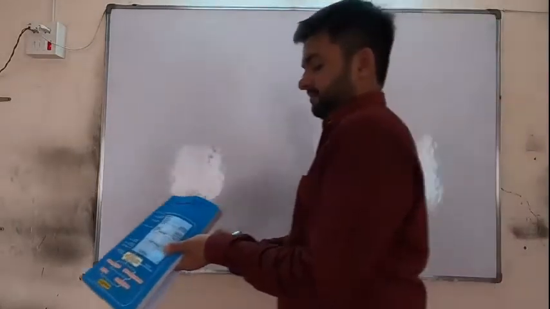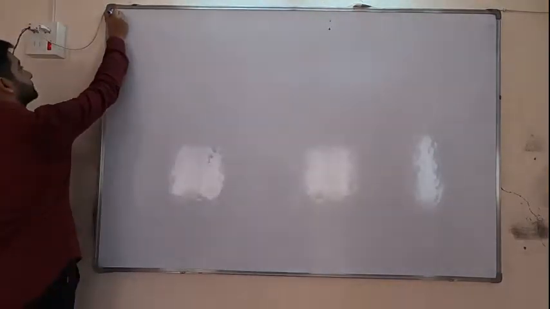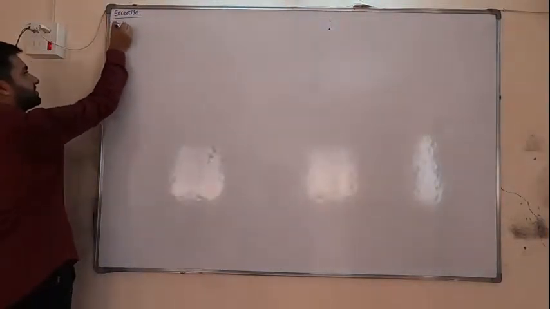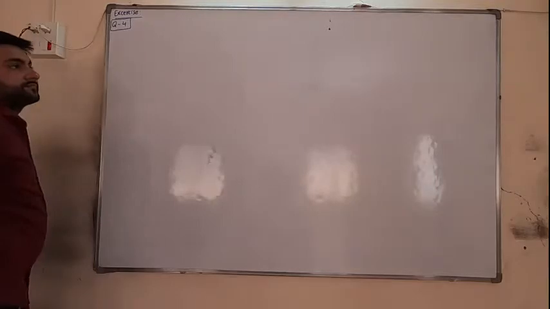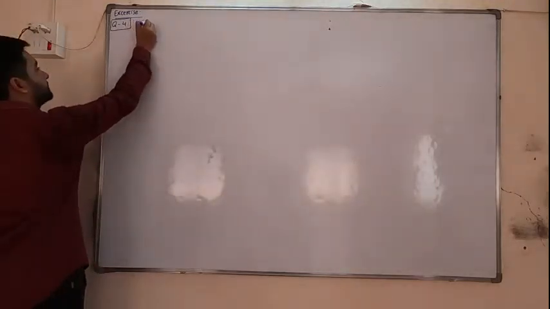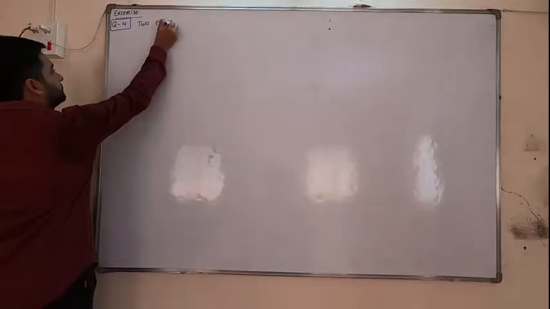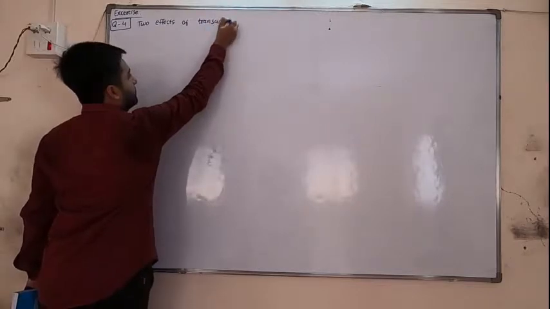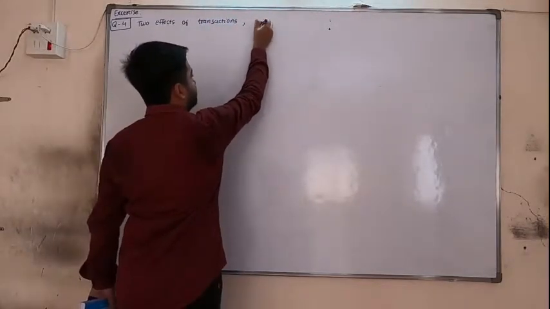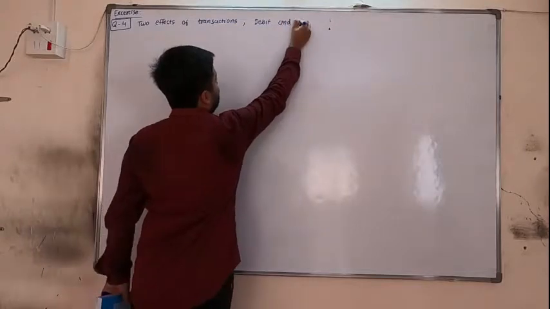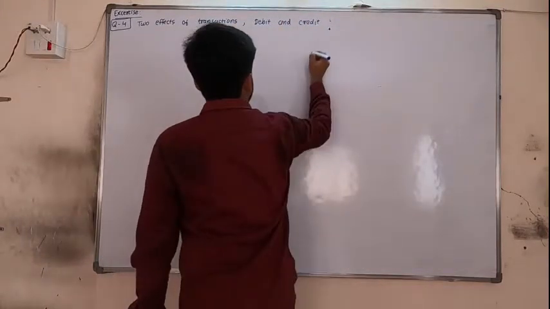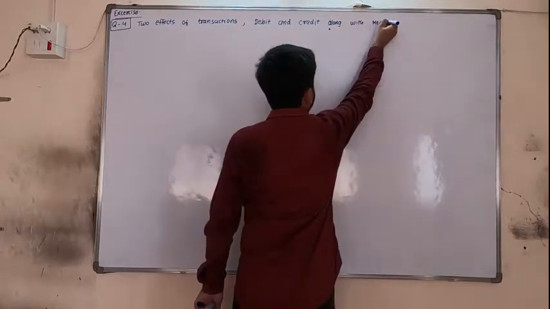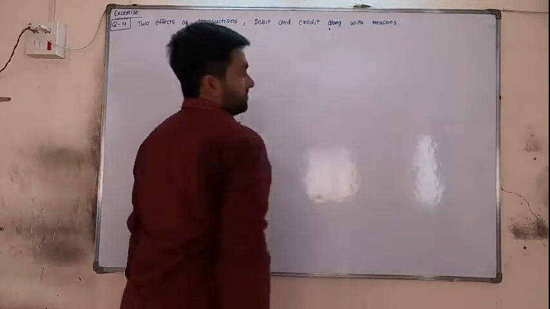So let us start. Exercise question number 4 we are solving. Two effects of transactions, comma, debit and credit, along with the reasons.